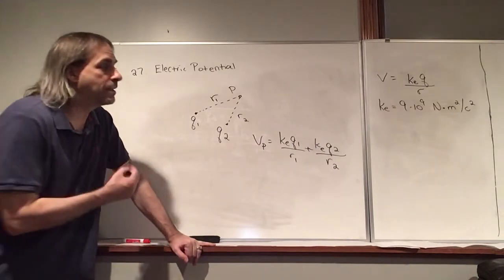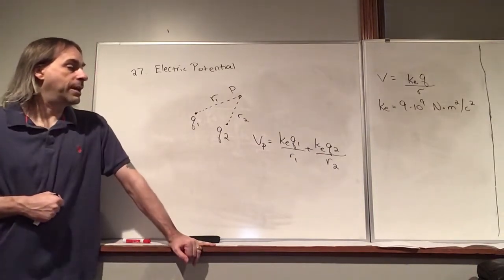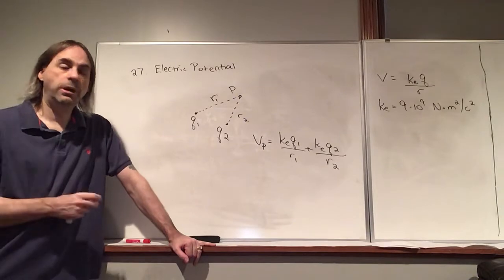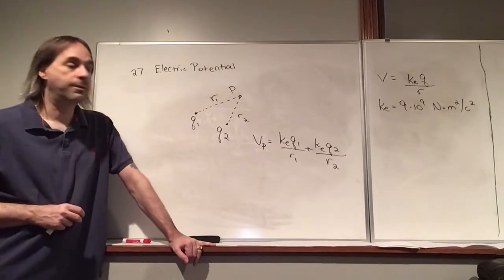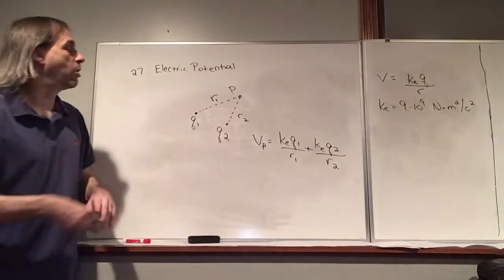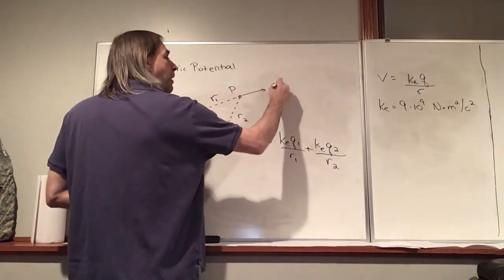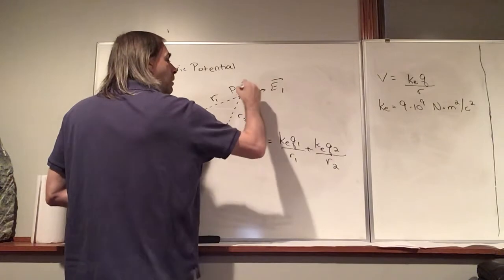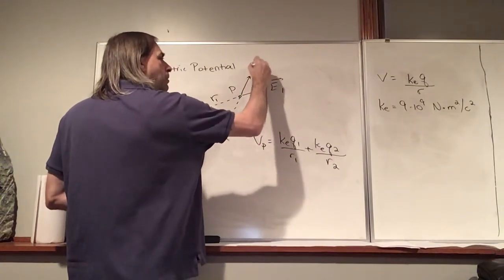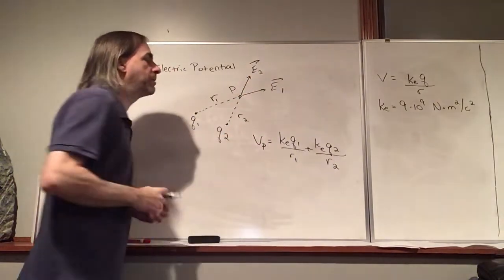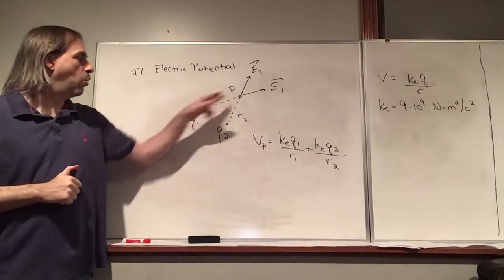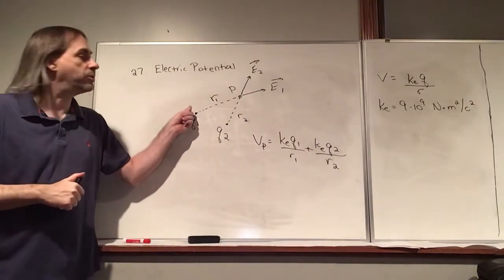Now, there's a definite advantage to looking at electric potential as opposed to electric fields. If we look at the electric field at point P, we'd have E1 and E2, and we have linear superposition where we calculate E1 as if Q1 was the only charge that existed.